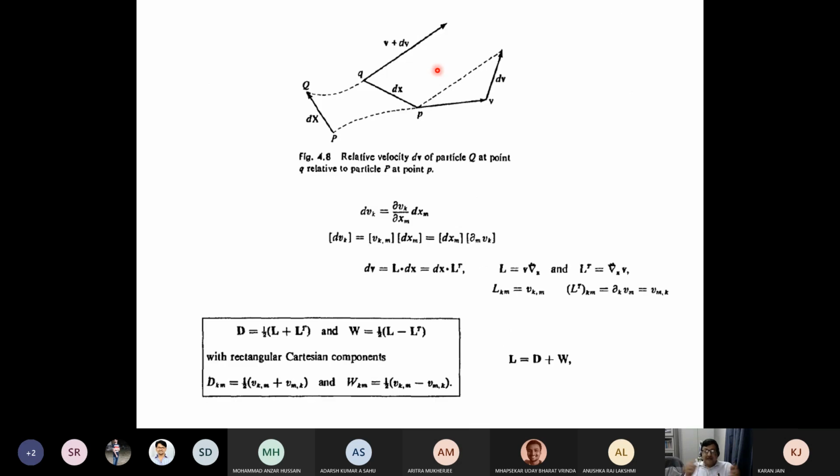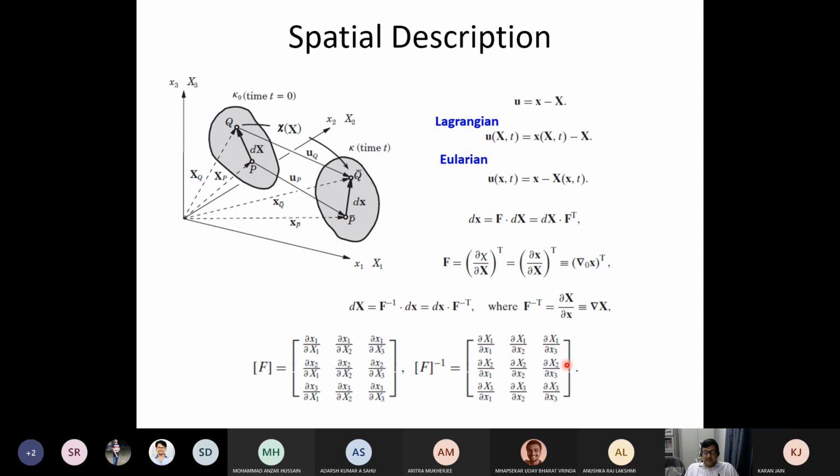And then we saw that any type of deformation or any type of motion is a consequence of what? Deformation plus rotation, displacement plus rotation. This we have discussed in multiple classes. Then we defined a motion u, which is small x minus capital X. Initially it was capital X, then it has become small x.